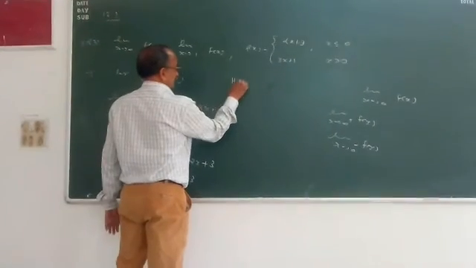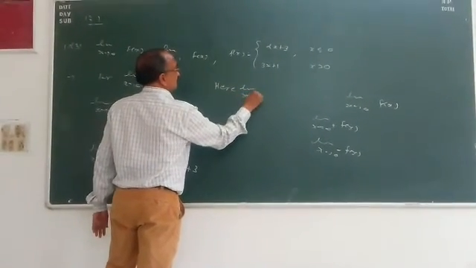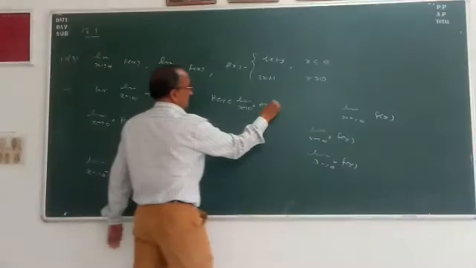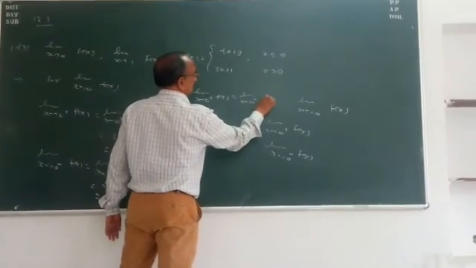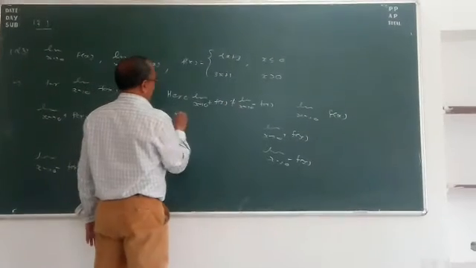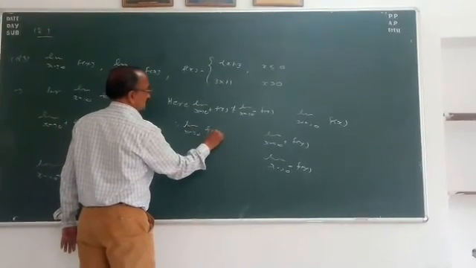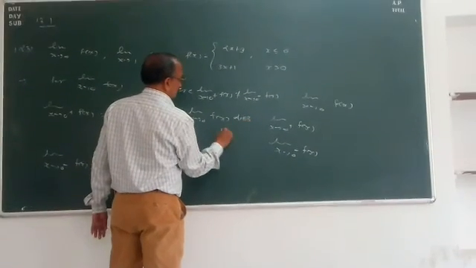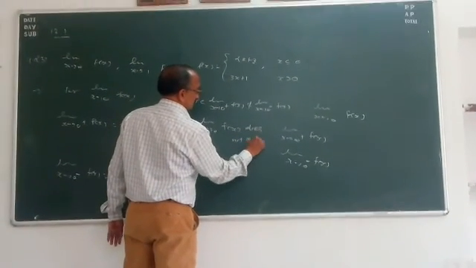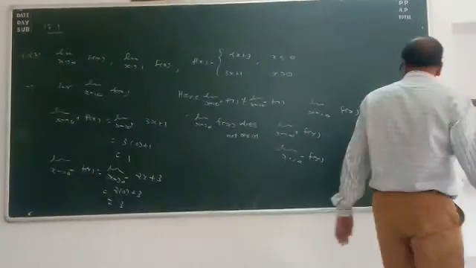Here the limit as x tends to 0 positive of f(x) is not equal to the limit as x tends to 0 negative of f(x). Clear? Therefore the limit as x tends to 0 of f(x) does not exist. Clear this? First write this here.